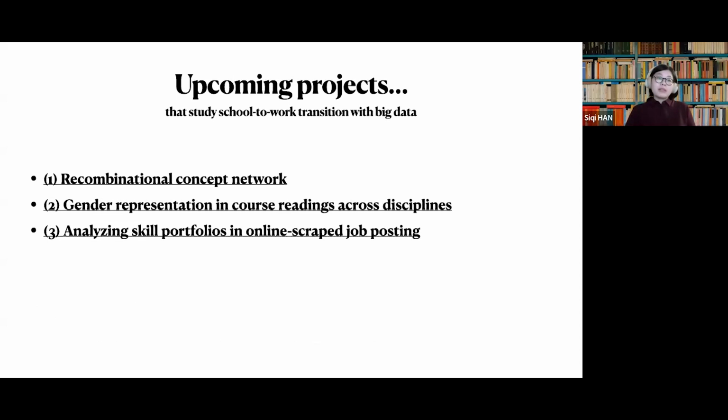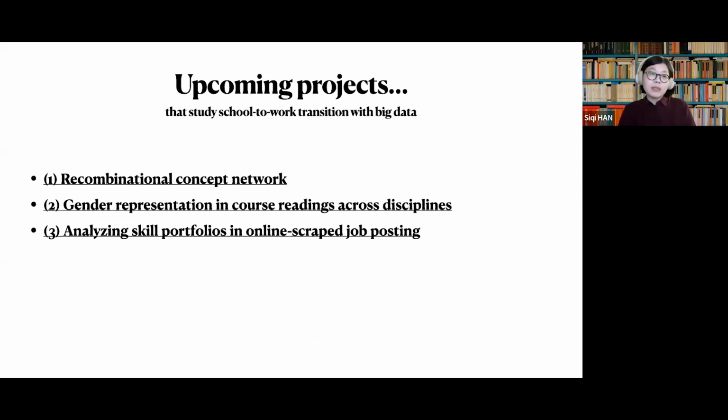With all these shortcomings, let me introduce the upcoming projects that also study school-to-work transition with big data. Some are related to this paper, some are not. So I will only introduce 3 of them. First is a recombinational concept network. Second is gender representation in course readings across disciplines.